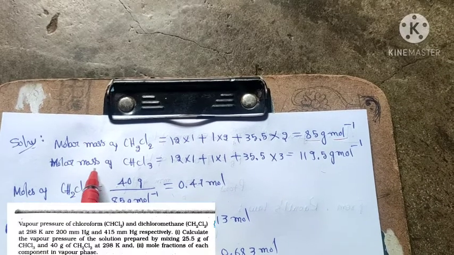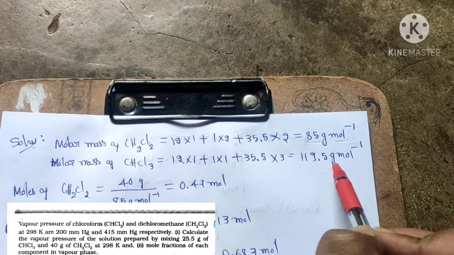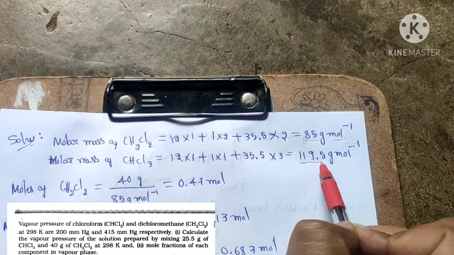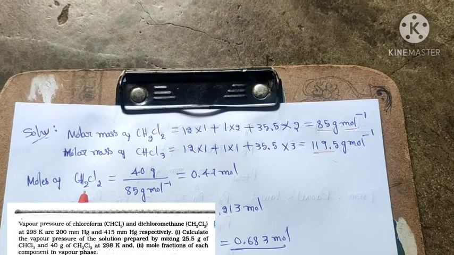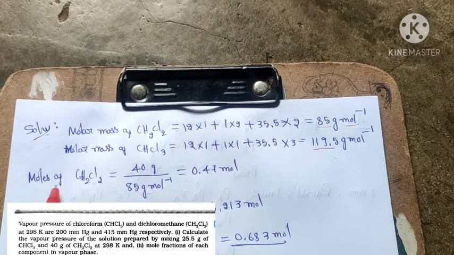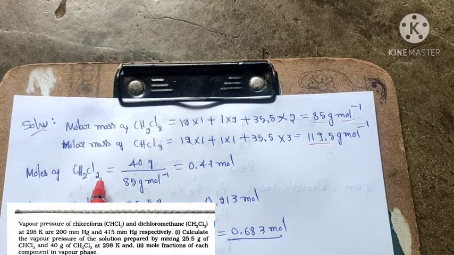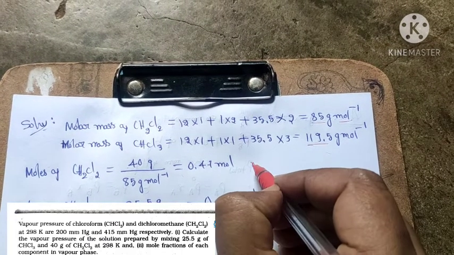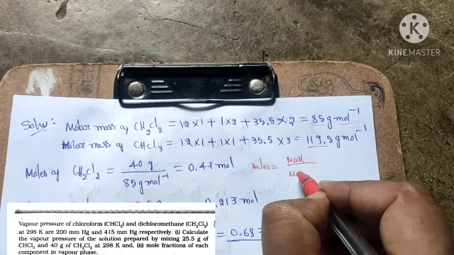Then same as like the molar mass of CHCl3, chloroform, this is giving 119.5 gram per mole. Next we calculate the moles of dichloromethane CH2Cl2. Moles means mass by molar mass.